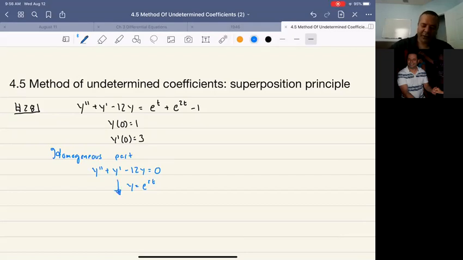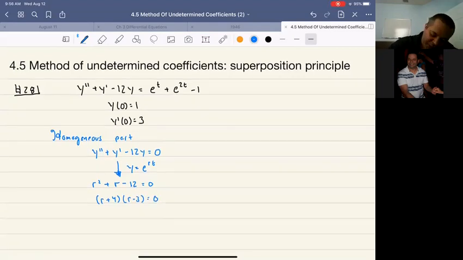We get the quadratic equation r squared plus r minus 12 equals 0, which we know how to factor. r plus 4, r minus 3 equals 0. So r is negative 4, or r equals 3. So our homogeneous solution, which I'm going to write as y sub 0 of t, equals c1 e to the negative 4t plus c2 e to the 3t.